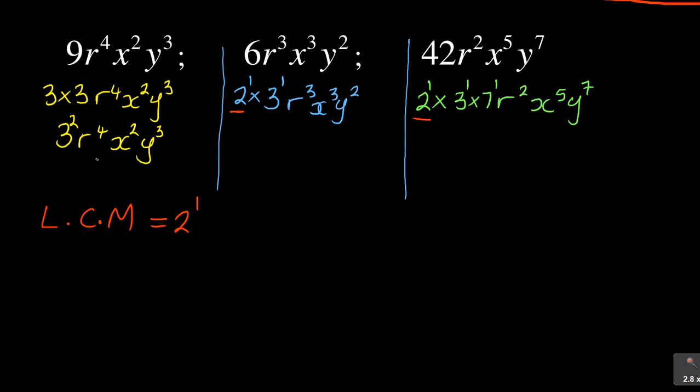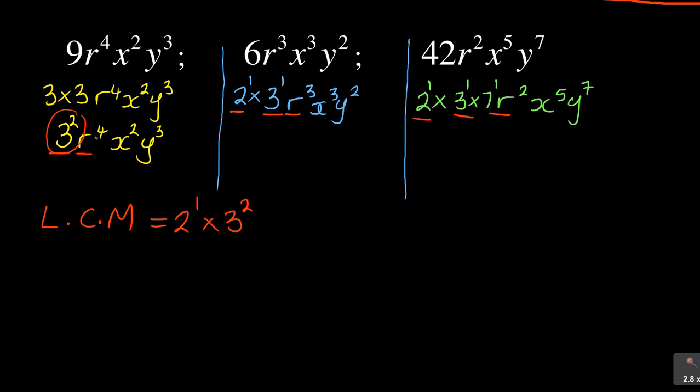The next number is 3, so we've got a 3 there, a 3 there, and a 3. Again, identify the one which has the highest power, which is 3 squared. Then you go to the variables or the unknowns. You start with r. We have that r, that r, and that r.